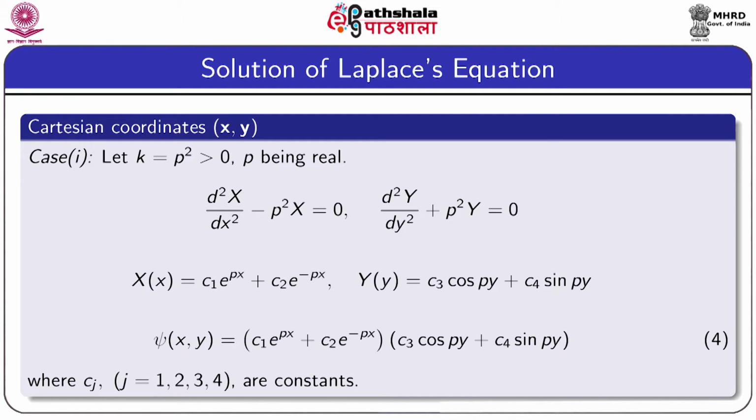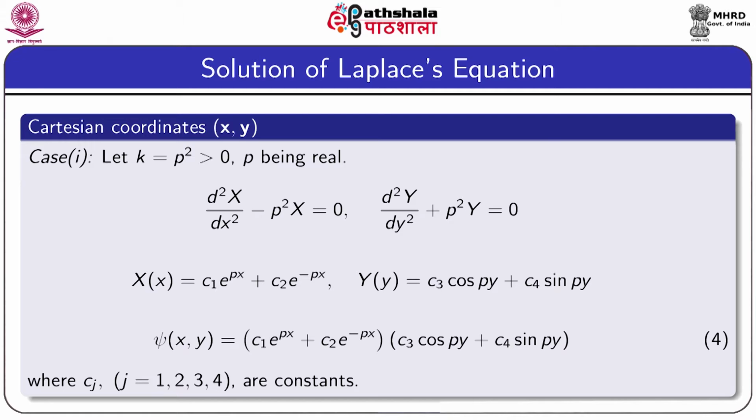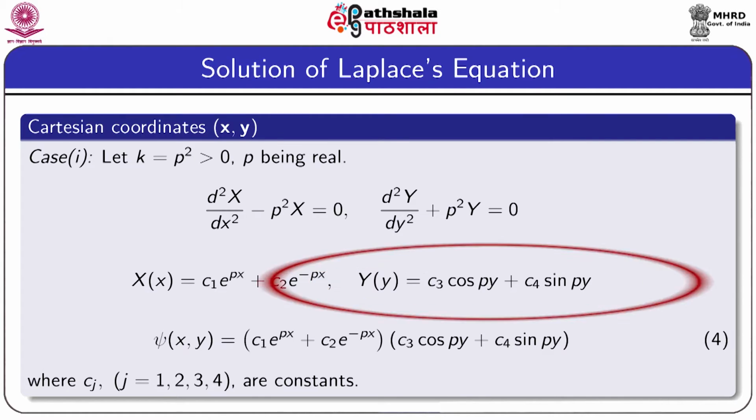The corresponding equation becomes d²X/dx² minus p²X equals 0, and its solution is capital X equals c1 e to the power px plus c2 e to the power minus px, and the solution of d²Y/dy² plus p²Y equals 0 is capital Y equals c3 cos py plus c4 sin py.